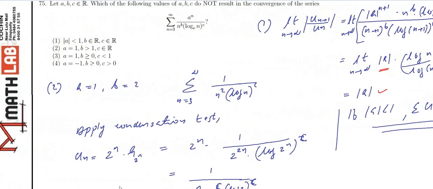So the first option is wrong, because mod a is less than 1 is enough to say that the series converges. We need to get the values of a and b where it's not convergent. Got it? So the first option is wrong, and go for the second option.